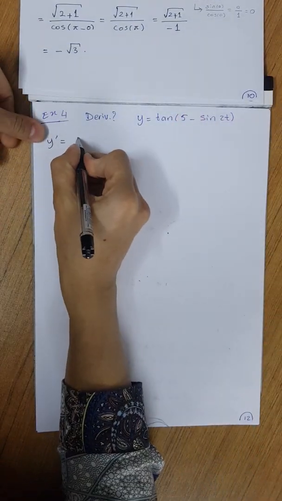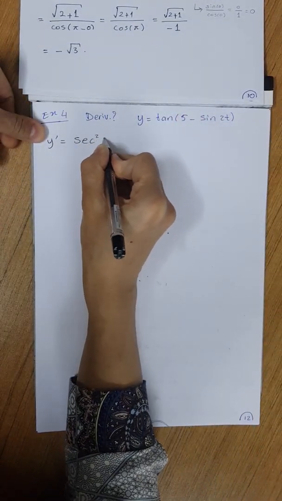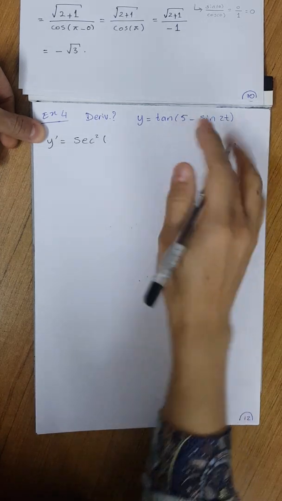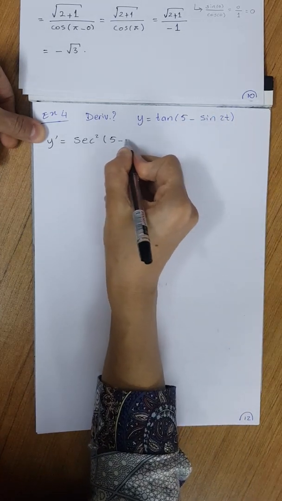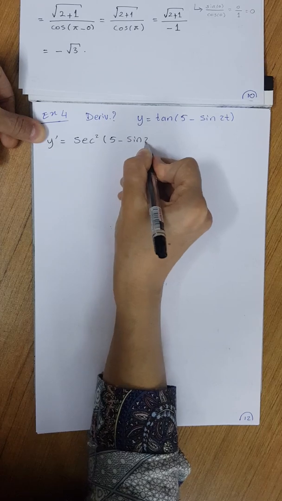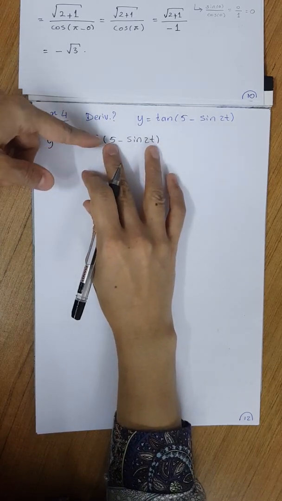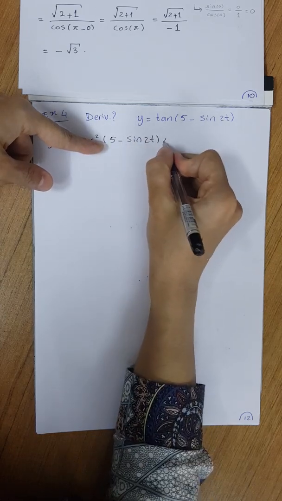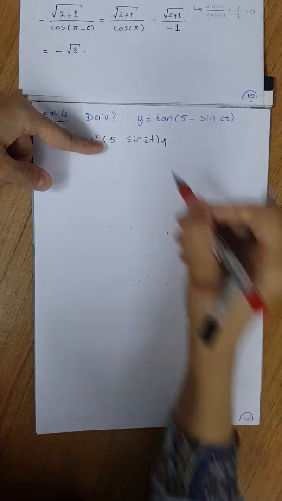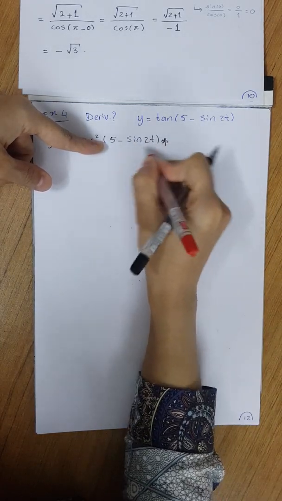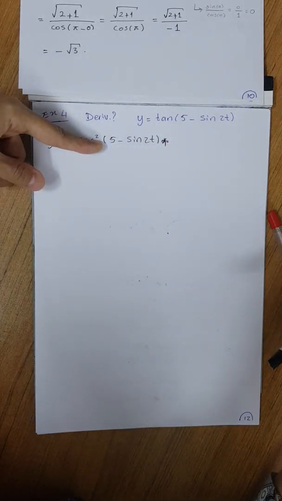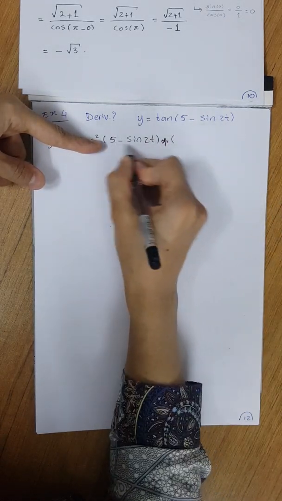So that one is equal to secant squared of, instead of x we have got that much, 5 minus sine of 2t. Since it's not a simple function, we also have to multiply it by the derivative of what is inside that bracket, the angle. What is the derivative of that bit?